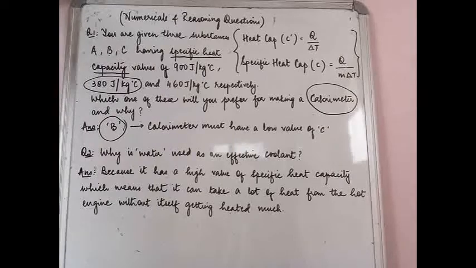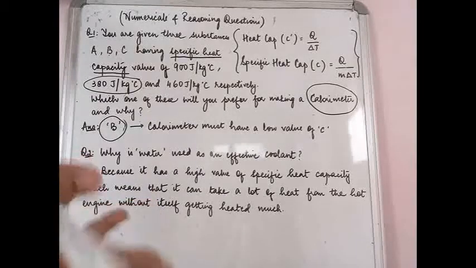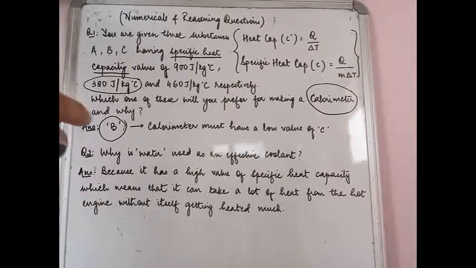This coolant runs all around the engine of the automobile. Why? Because if you drive the automobile for a long time, the engine keeps getting heated up. Okay, so you cannot allow the engine to be heated up indefinitely so that finally it burns down. So that should be avoided.